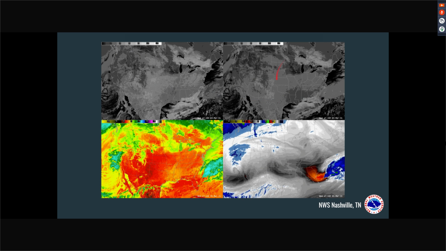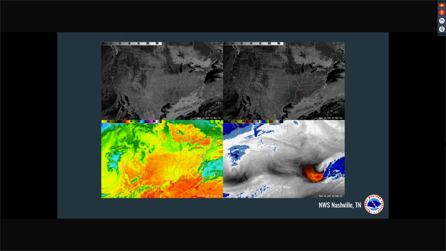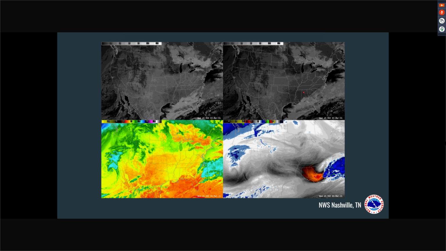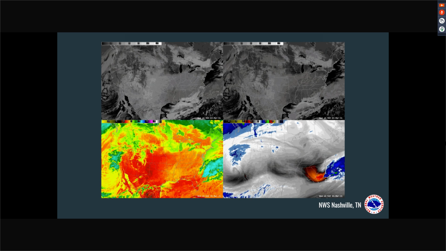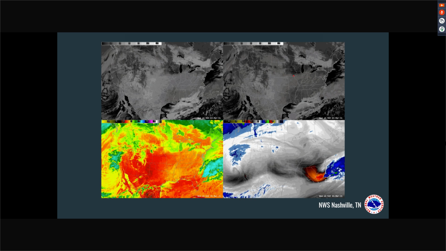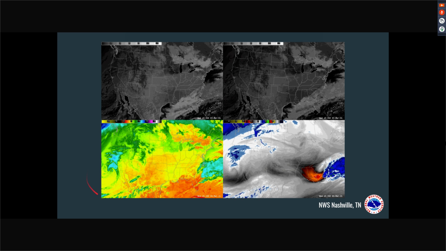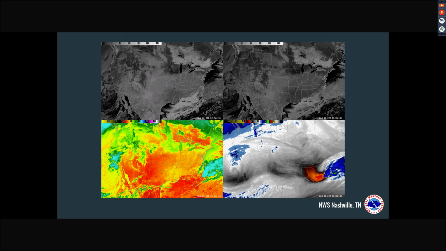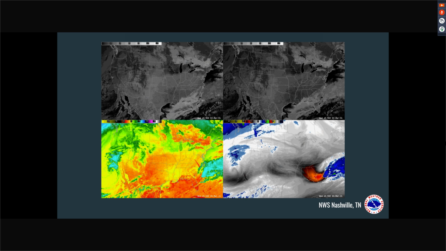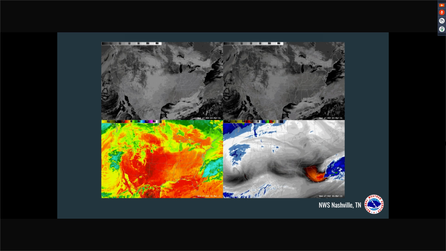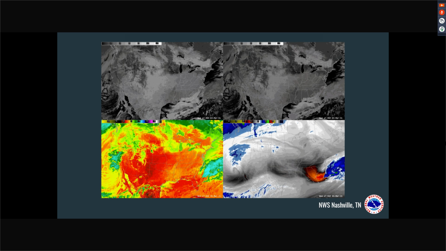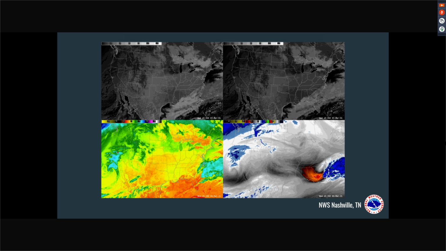Our cloud particle size, some of these bands I won't go over as much because we don't use them individually. We'll use them for some products that we're able to do some really cool stuff with that I'll go over later. Again, our shortwave IR, so here our darker colors, so our reds and things like that, mean that it's typically warmer versus these cooler colors are cooler. So as you move up in the atmosphere, it typically gets colder.